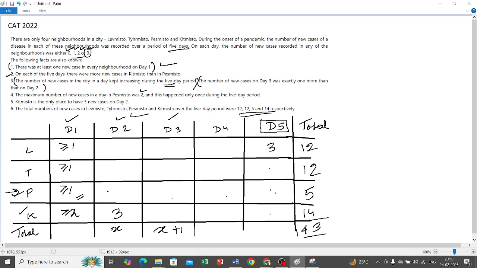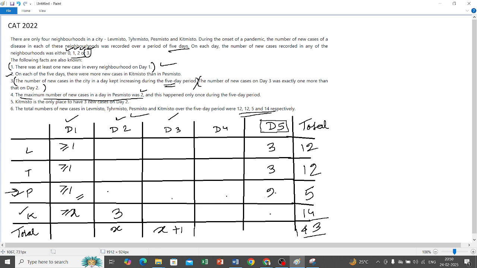So I can put 3 for L, I can put 3 for T, but I cannot put 3 for P. Why? Because it has been said in this instruction that the maximum number of new cases in a day in P was 2 and this happened only once in the 5 days.